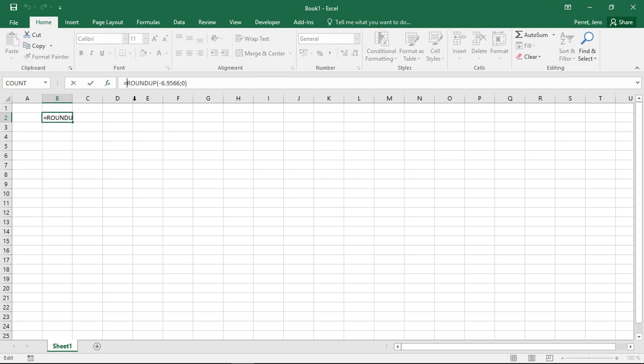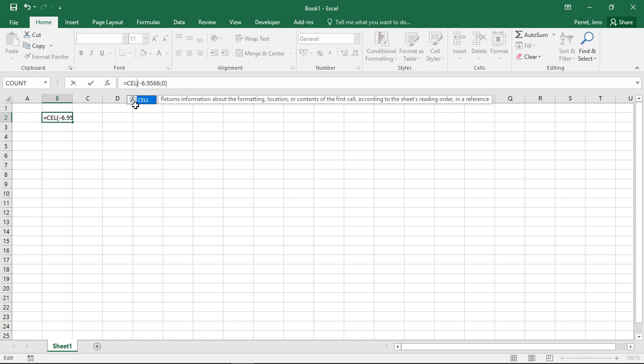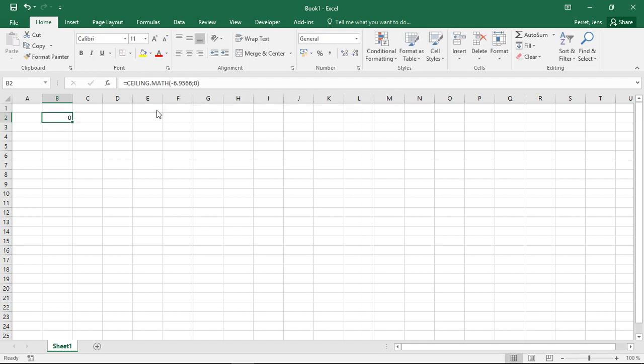For this, we just have to recall how we would use rounding functions in different programming languages. There we would have, for rounding up, so-called ceiling functions, or ceil. And here we have CEILING as well, CEILING.MATH, so it's a math function. So we can start with the positive value.